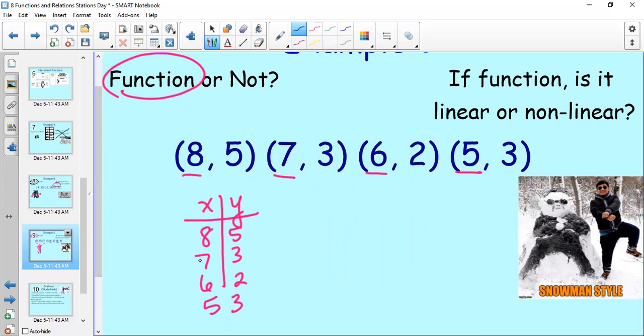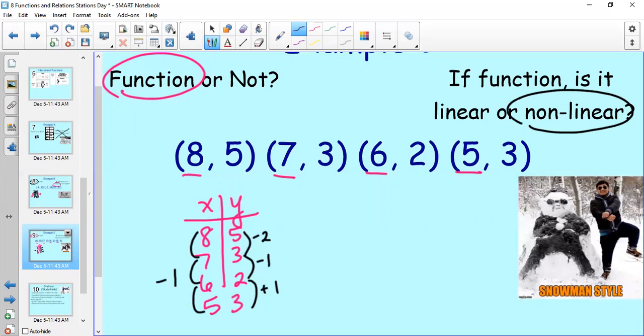All right, so I can already tell it went 8, 7, 6, 5, so it was going down by 1. That's good. But if you look at your y's, it went 5, 3, 2, 3. That was definitely not a constant rate of change because it went down 2 here, down 1, and then it went up 1. So not constant rate of change. So this is a non-linear function.